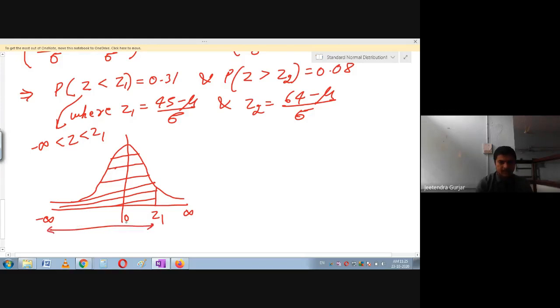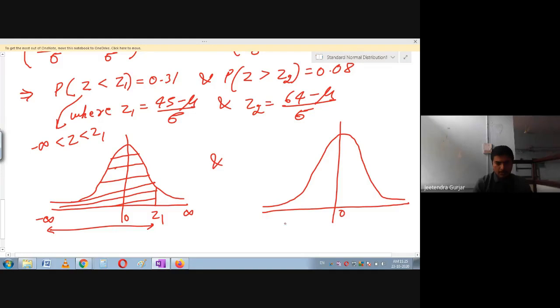I'm going to do this simultaneously, therefore I will draw the normal distribution curve for z greater than z2. Because there are two variates, please remember it's very, very important. So again I draw this once more. This is 0, this is minus infinity, infinity, and now we fix z2. Z2 is positive 0.08, so I'm going to take this value as z2.